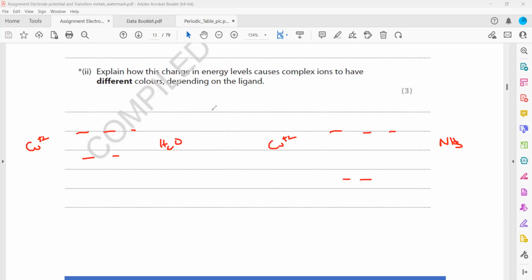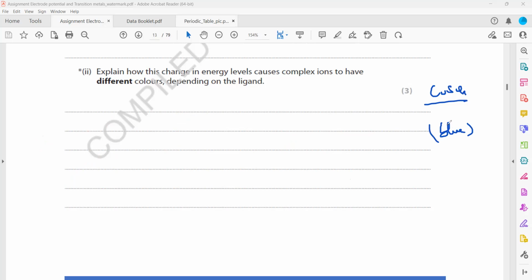As a result, when gaps are different, electrons absorb a specific frequency or wavelength and jump to a higher level, and what is not absorbed will appear as the color. For example, if it is absorbing all and not absorbing green, it will appear green, because what is not absorbed is the color of the compound. Copper sulfate solutions appear blue in color. Whenever you see a copper sulfate solution, it is blue. So blue is not the one which is absorbed, blue is the one which is not absorbed. So the same thing happened.